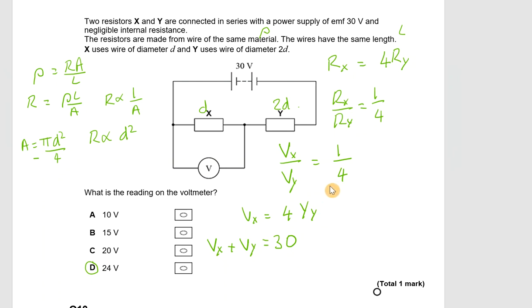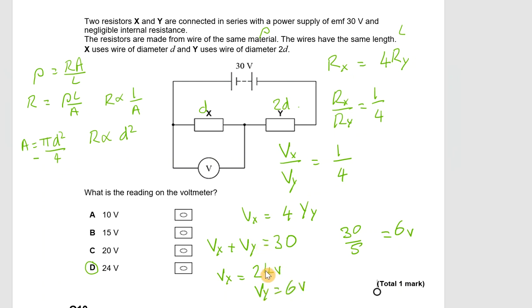So you can solve that. There's various ways of solving it. I'm going to solve it in the following way. I'm going to divide 30 by 5, and that's going to give me 6 volts. So the PD of X needs to be 4 times the PD of Y. So X is going to be 24 volts, and the PD across Y is going to be equal to 6 volts.